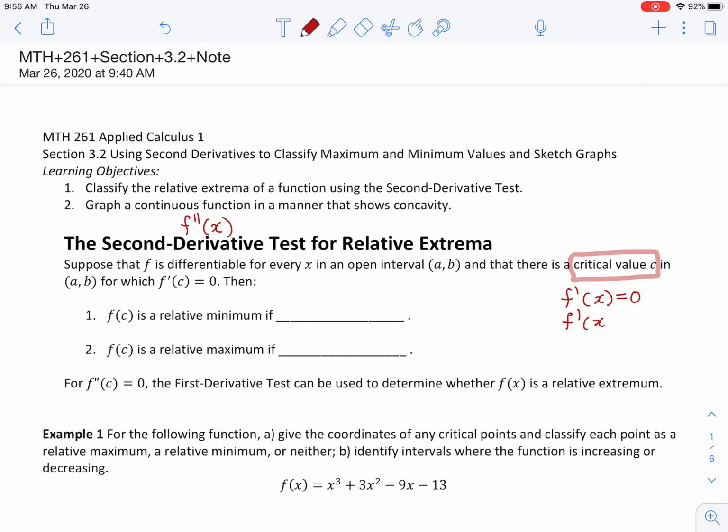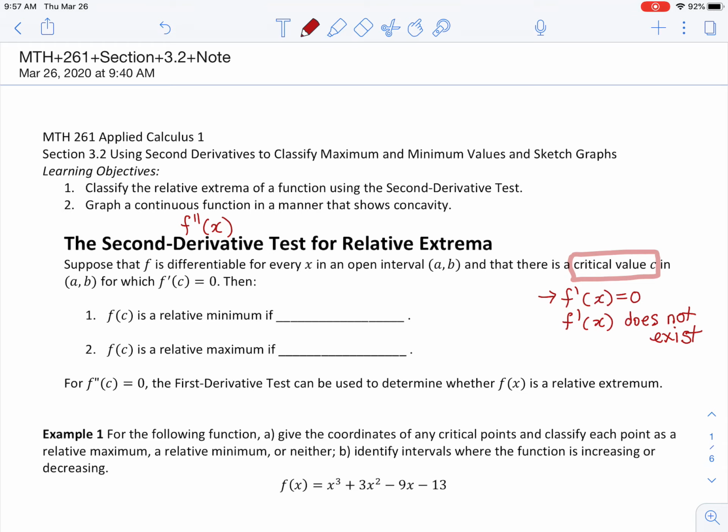Or you have to find a point where your first derivative does not exist. Now, all the examples that I got ready for you today are just polynomials, so just check the first case. Find where your first derivative is equal to 0, and that's going to be your critical value. Now, you have that critical value, and we'll call that C.